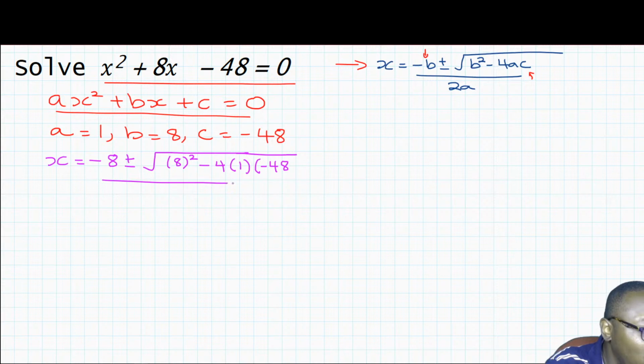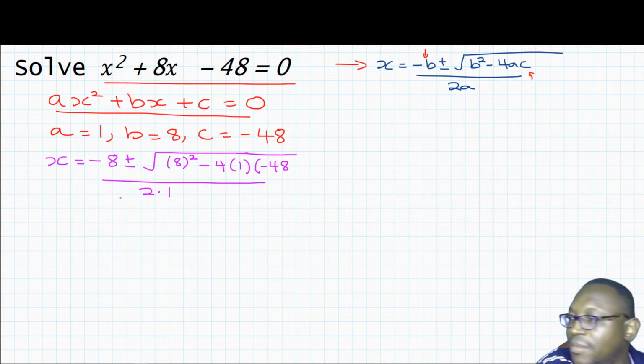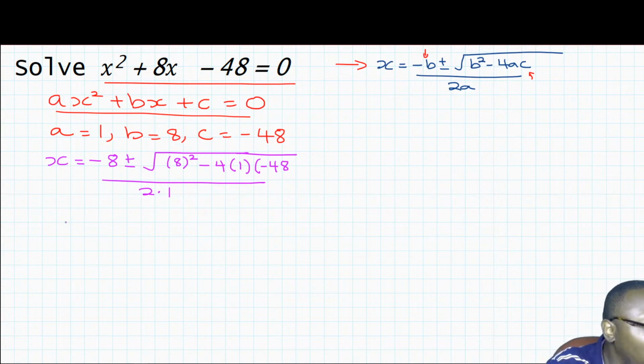And we divide by 2 multiplied by a, so that's 2 multiplied by 1. All right, so that's going to give us negative 8 plus or minus square root of 8 squared is 64 minus 4 multiplied by, so you have negative 4 here multiplied by negative 48.